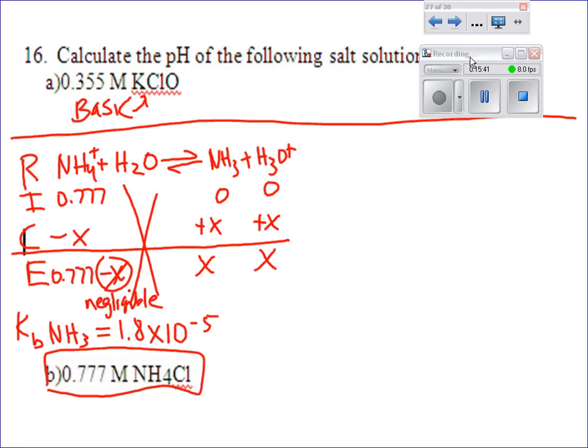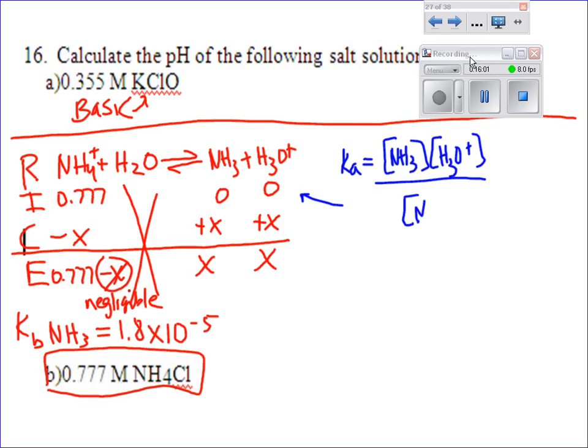Okay. Now we can go and write our expression, just from the information in front of me. Seeing that this is H3O+, I need a Ka, and that's equal to NH3 times H3O+ divided by NH4+. But I have a problem because what they give me is Kb.